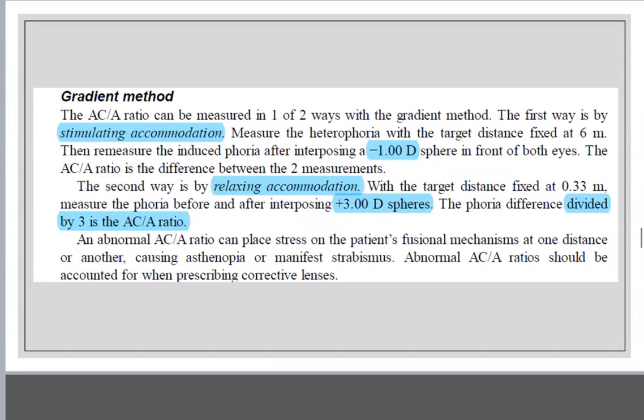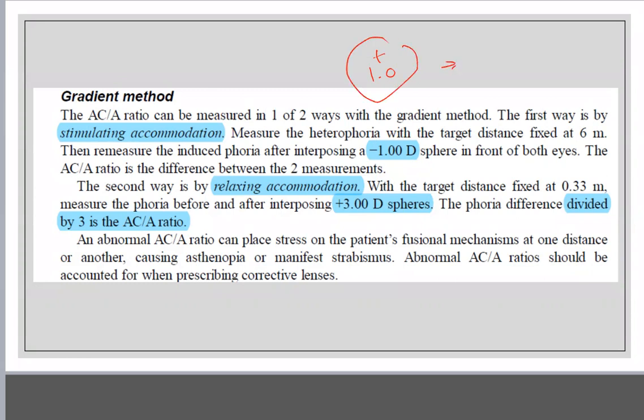Here in gradient method, I just put a minus lens or a -1 lens in front of the patient's eyes in order to induce accommodation. This accommodation is equaling +1. So I put in front of the patient -1, so the patient will have to accommodate by +1 in order to neutralize this.